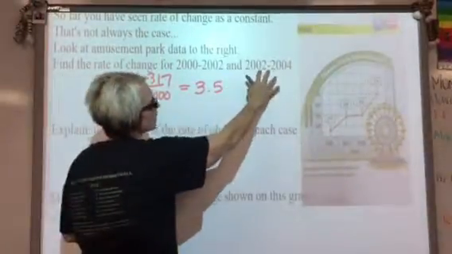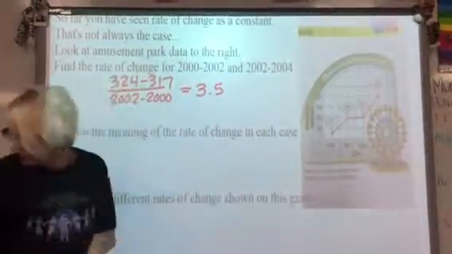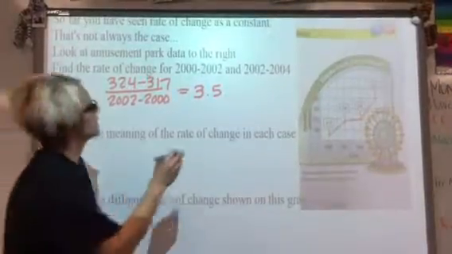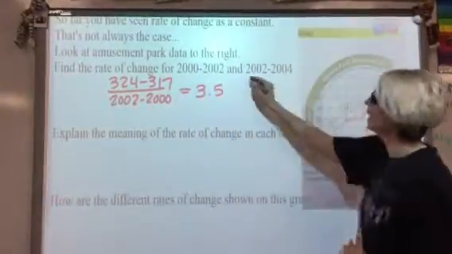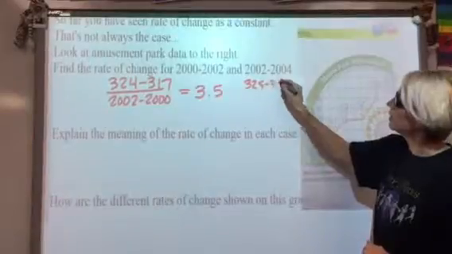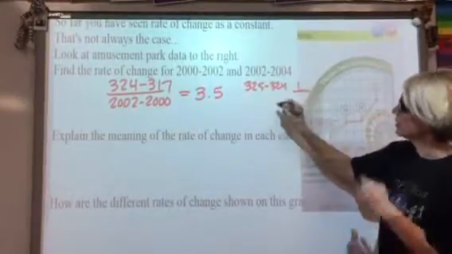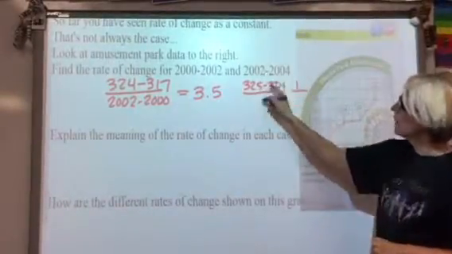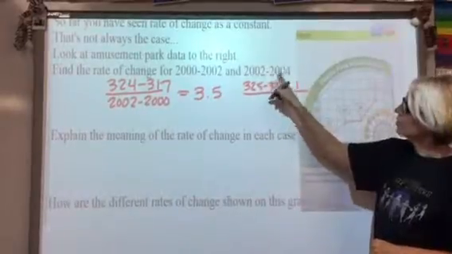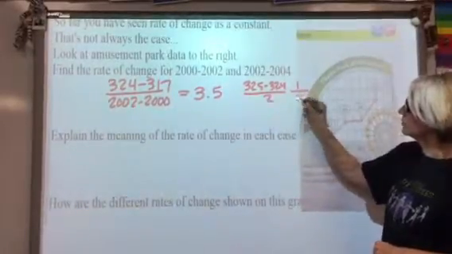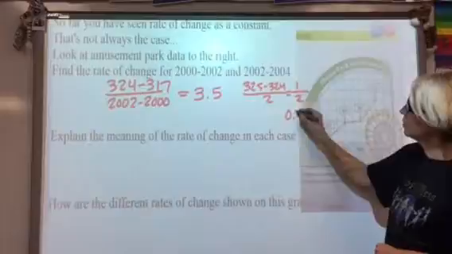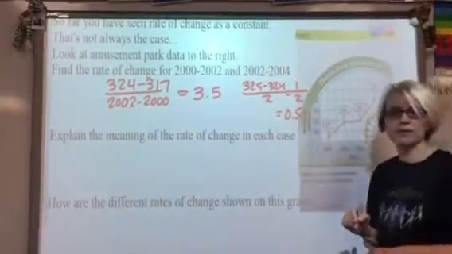And then we're also going to find the rate of change here. So that rate of change is 325 minus 324, so you might already know that that's going to be 1, over 2 as well, because it's 2004 minus 2002. So that would be 0.5, or 1/2 is 0.5.